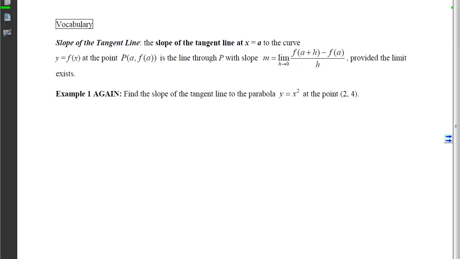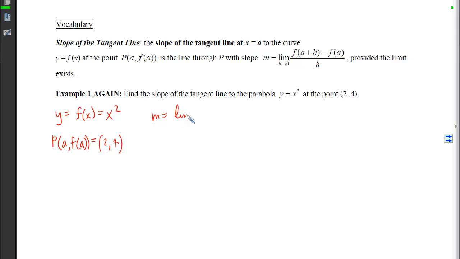So let's look at example 1 again. We have the same function, y equals f of x equals x squared. We have the same point P, which is a, f of a. In this case it ends up being 2 comma 4. Only this time we're going to set up our slope using the definition of the slope of the tangent line involving an h.